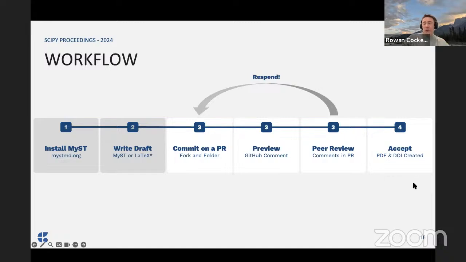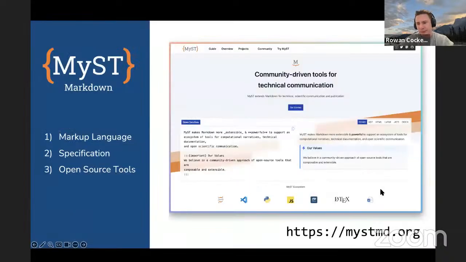So that is an overview of the workflow that we'll be going through today and that you'll be going through as authors for the proceedings. And I'm going to now walk through and talk a little bit about the MyST Markdown project.